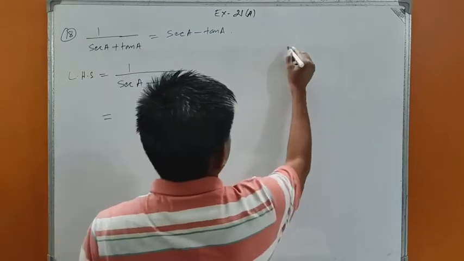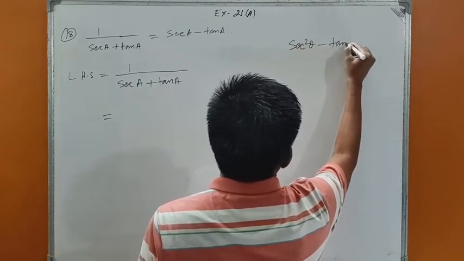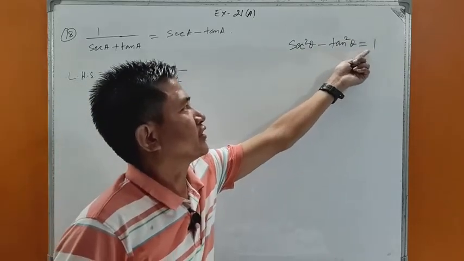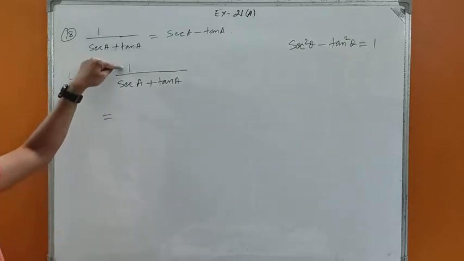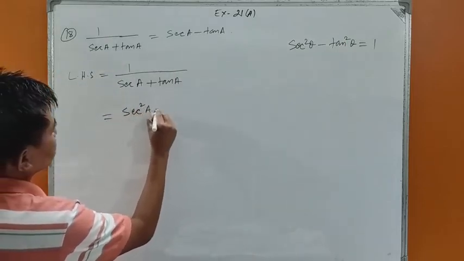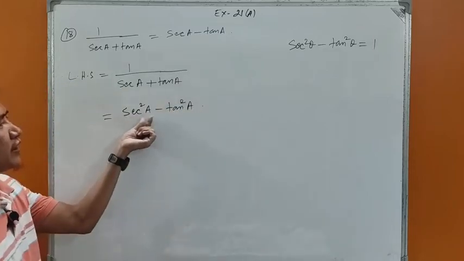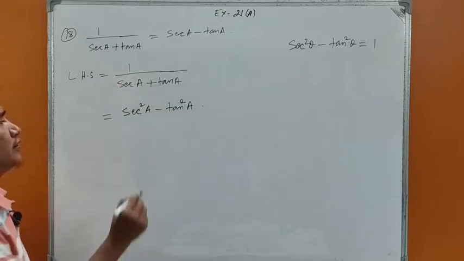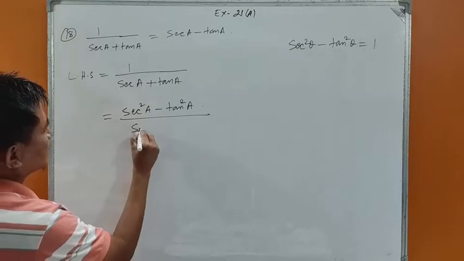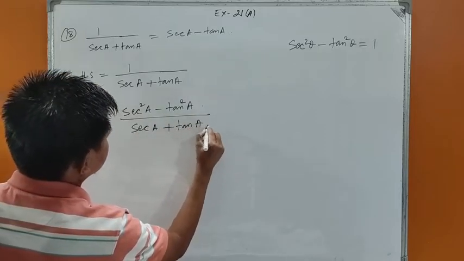Since we know that sec square theta minus tan square theta equals 1, instead of this 1, I can write sec square A minus tan square A, because sec square A minus tan square A means 1. So in the denominator I have sec A plus tan A, isn't it?